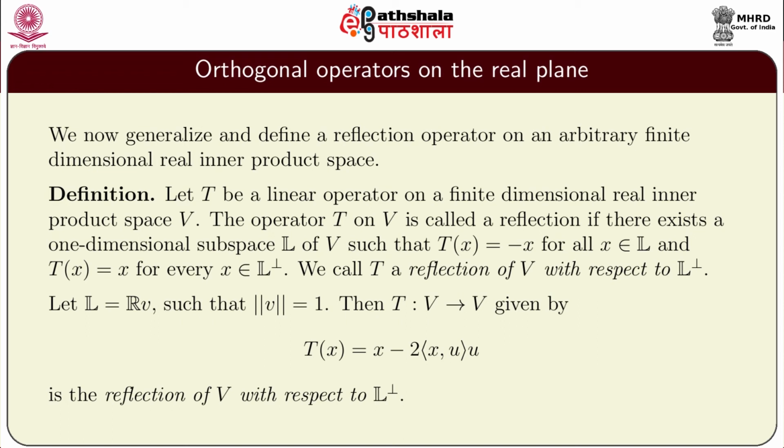Definition: let T be a linear operator on a finite dimensional real inner product space V. The operator T on V is called a reflection if there exists a one dimensional subspace L of V such that T of x is equal to minus x for all x in L, and T of x is equal to x for all x in L perp. We call T a reflection of V with respect to L perp.